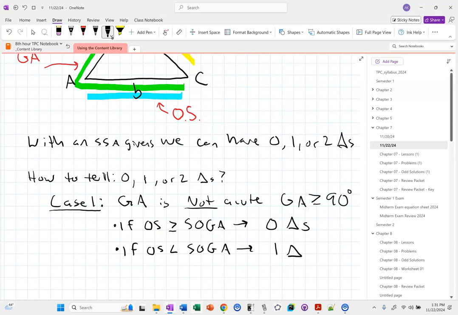So if we have a non-acute angle given to us, and the other side is at least as big as the SOGA, no triangle is possible.